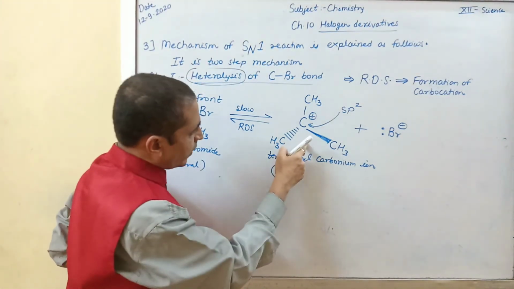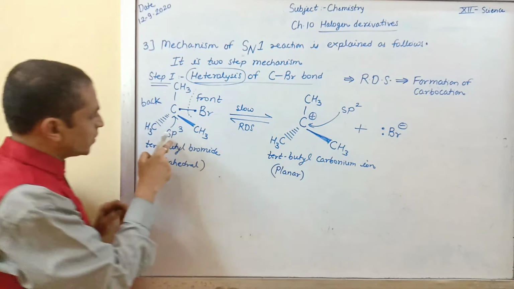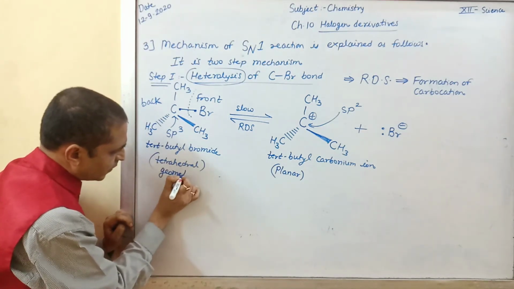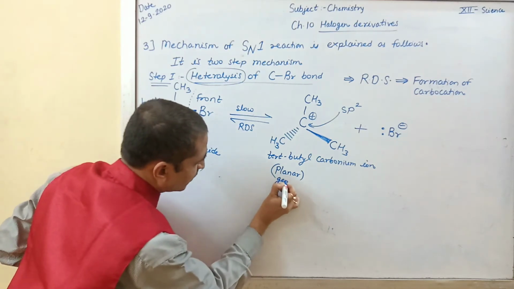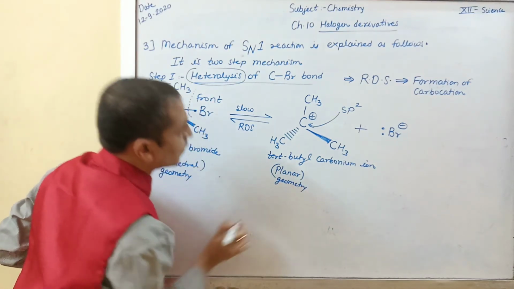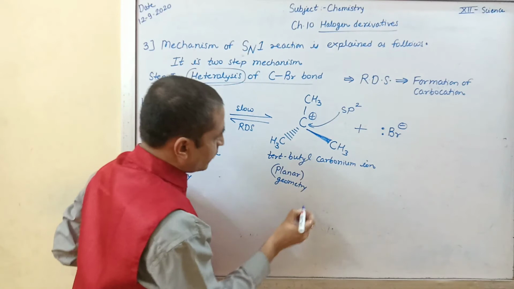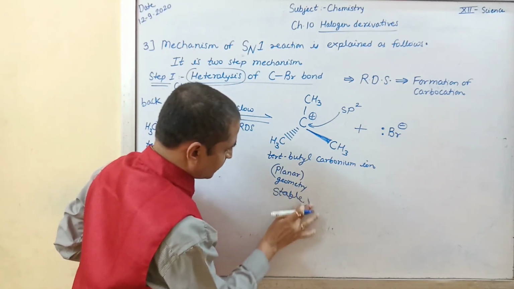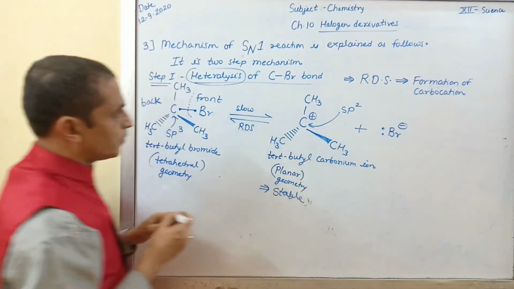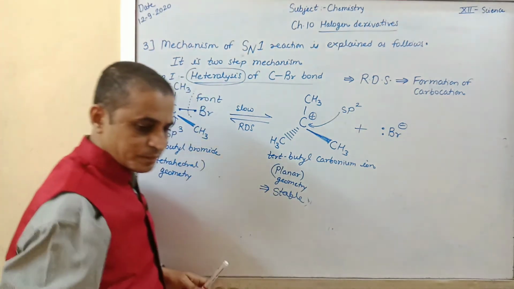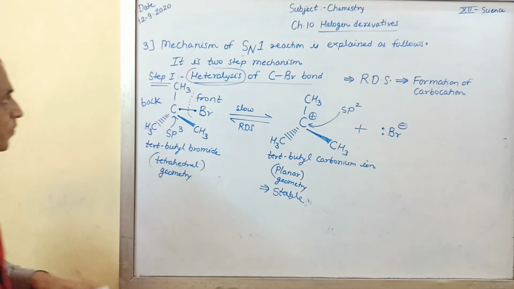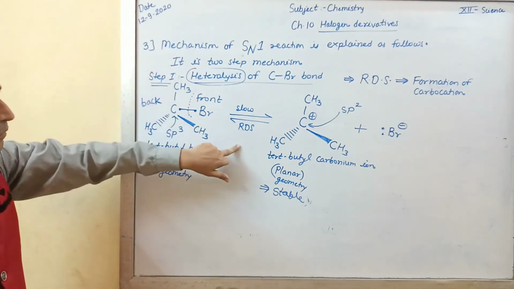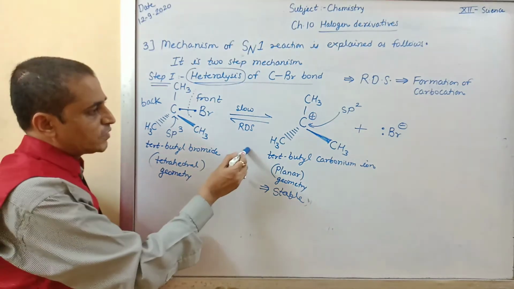Means carbonium ion has planar geometry, but tertiary butyl bromide has tetrahedral geometry. As well as this carbonium ion is stable. Now this is step 1. I hope you understood this step 1.